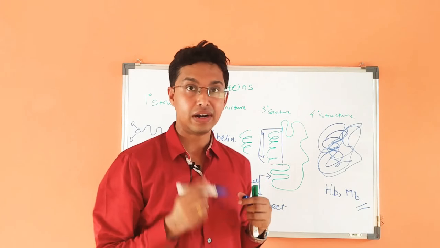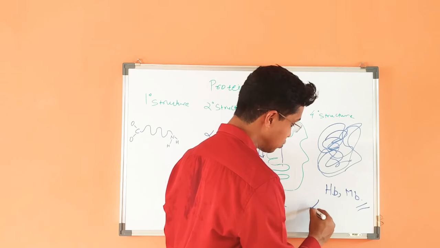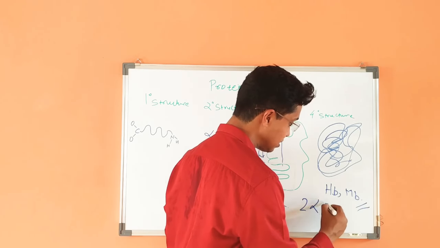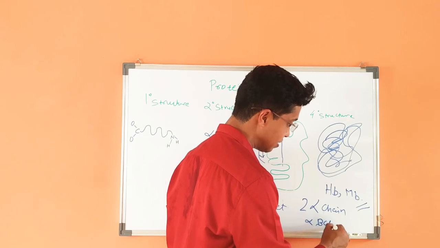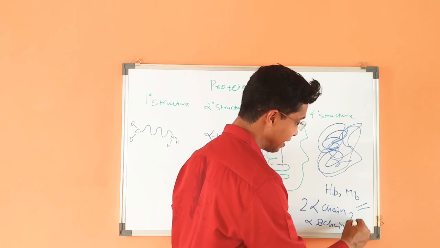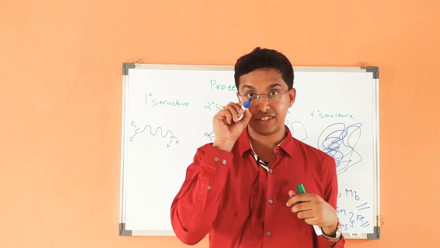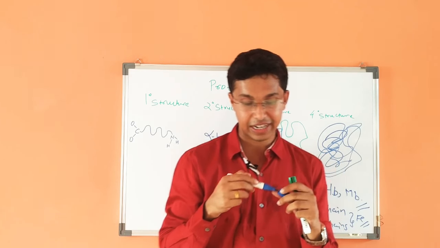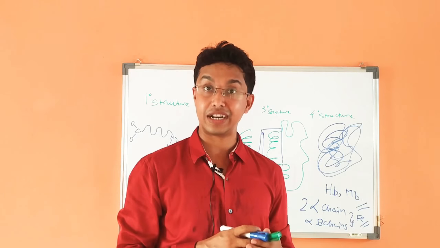They are made up of homodimers basically. So it contains two alpha chains and two beta chains which are attached to the iron present at the center of the structure. So the center of the structure contains iron, and that is a prosthetic group, an inorganic prosthetic group.